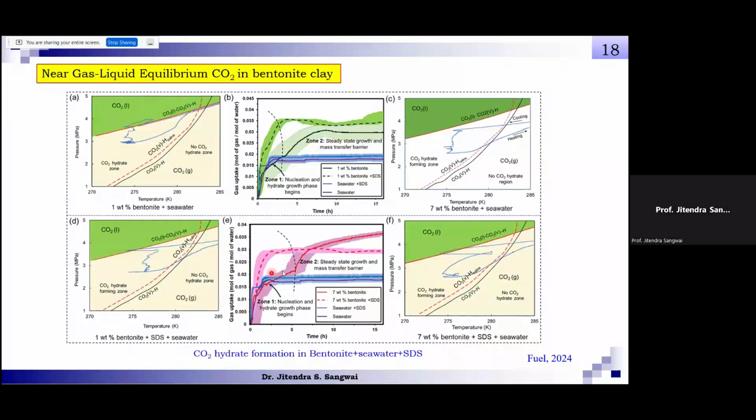This is bentonite and seawater, and this is bentonite plus surfactant. So you can see that the hydrate formation is reasonably very fast. The gas uptake into the hydrate increases drastically.